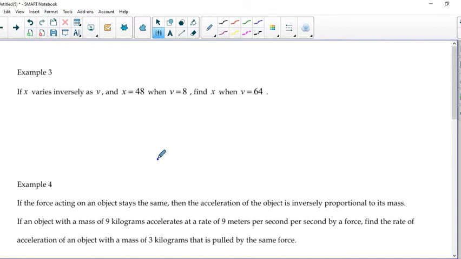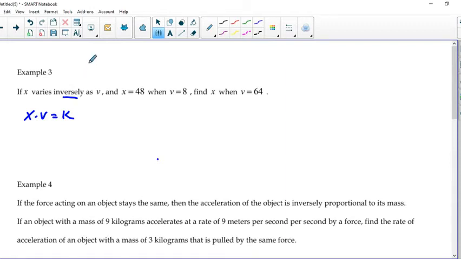Okay, now number 3, inversely proportional or varies inversely. Okay, x varies inversely as v, and x is 48 when v is 8. Find x when v is 64. So let's make our inverse variation equations. We can say x times v equals k, right? Because I've always got to have that constant of variation, k.